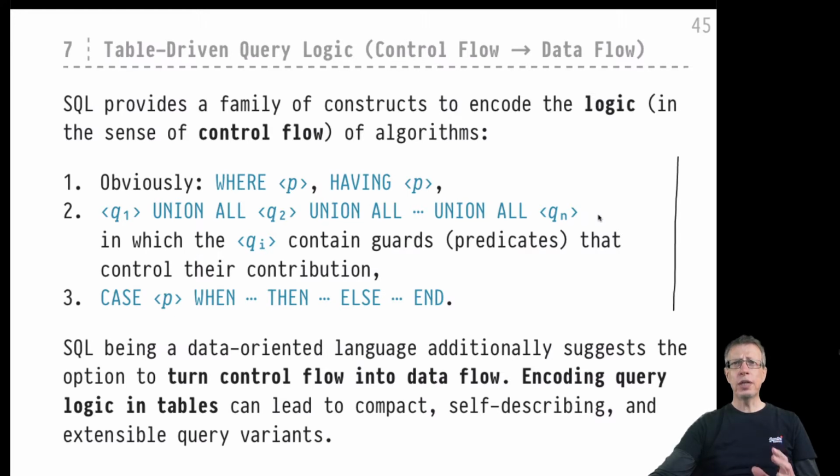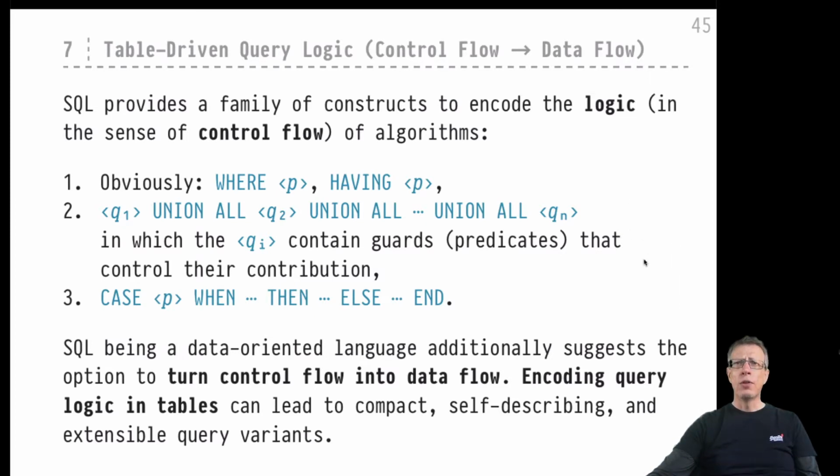They would contain predicates that control whether Qi is allowed to contribute rows to the overall result. So a branch of the computation that is currently not being selected would probably contain a guard or a predicate that evaluates to false. So Qi would not contribute to the overall result. Other branches, maybe more than one other branch, may indeed contribute, and thus this implements a different form of branching and control flow inside a system that is actually being designed to perform set-based computation.